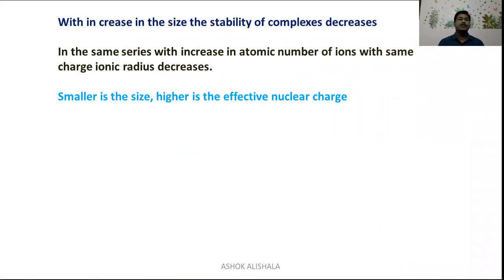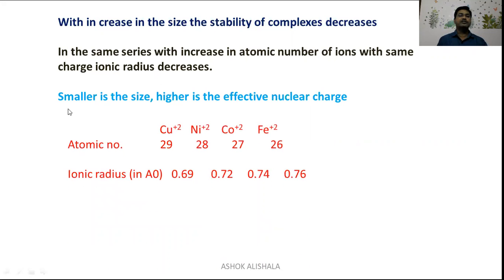With the increase in size, the stability of the complexes decreases. In the same series, with increase in atomic number of ions with the same charge, ionic radius decreases. Therefore, the smaller the size, the higher the effective nuclear charge. Here the atomic numbers are 29, 28, 27, 26 for copper, nickel, cobalt and iron.